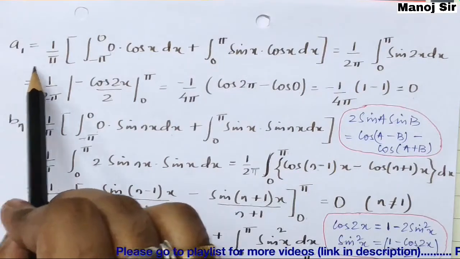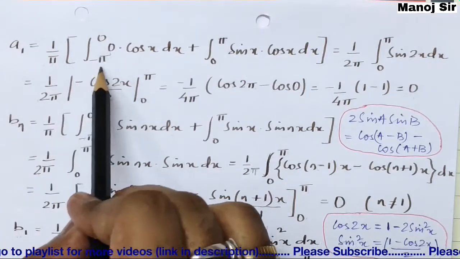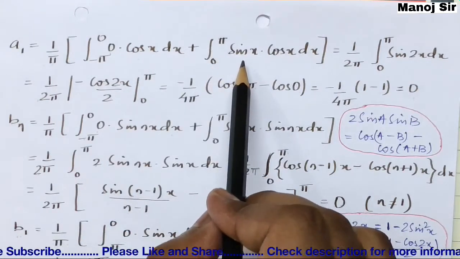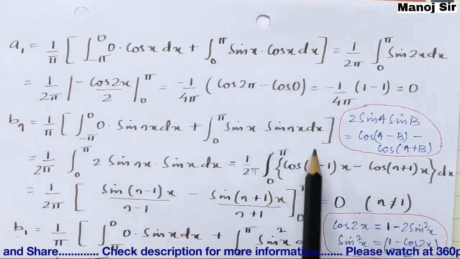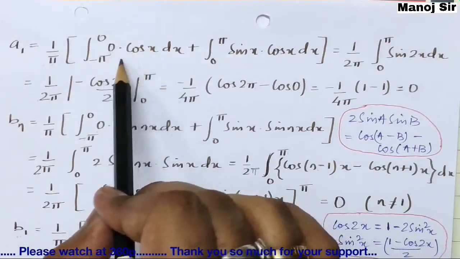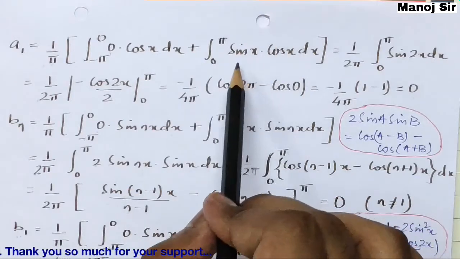Yes, here we have a_1, 1 upon pi integration minus pi to 0 into cos x dx plus integration 0 to pi, we have sin x into cos x dx. Now this term will become 0, because 0 into something will become 0, so we will be solving this part only.